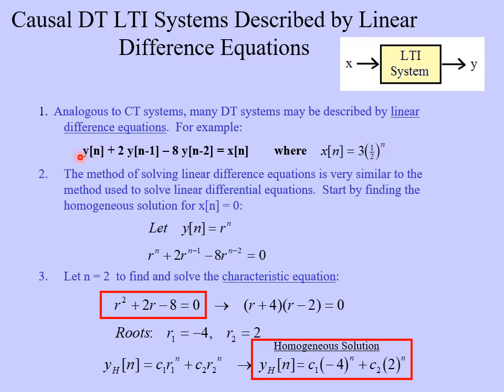Notice what we've got here. This is called a difference equation because we have y by itself, and then delayed versions of y. This is y of n minus 1, this one here is y of n minus 2, and those are multiplied by linear coefficients, which makes this a linear difference equation.